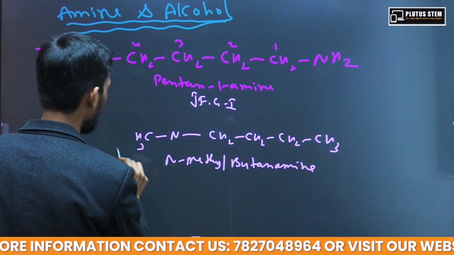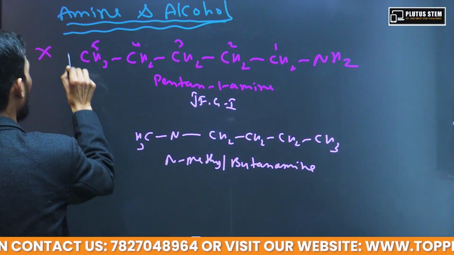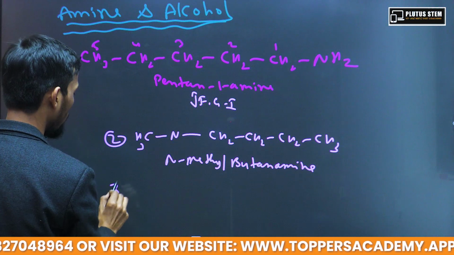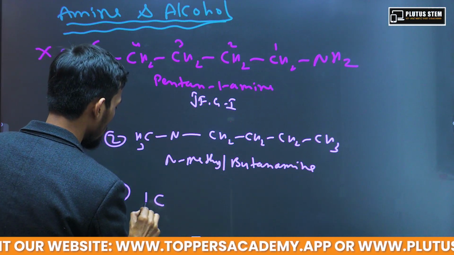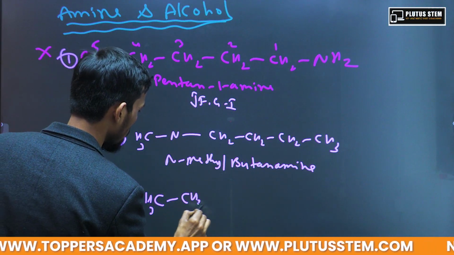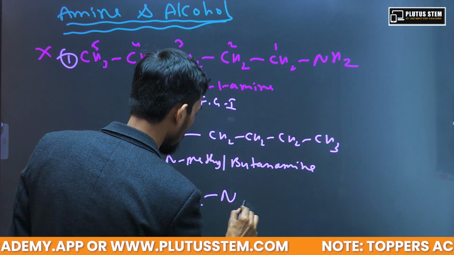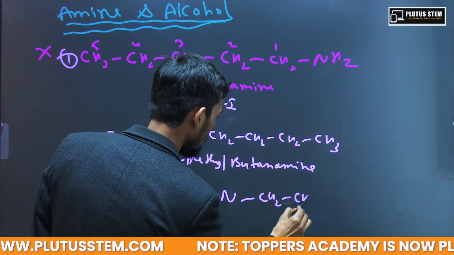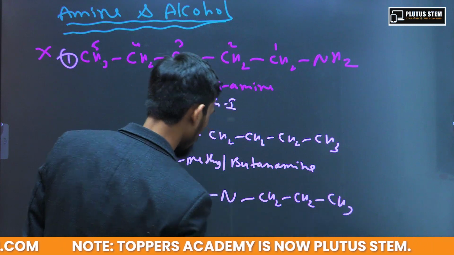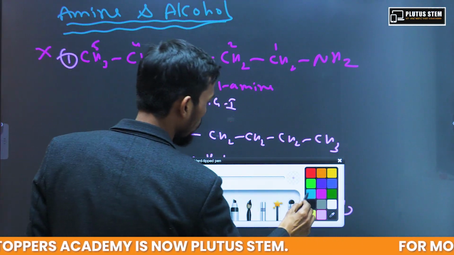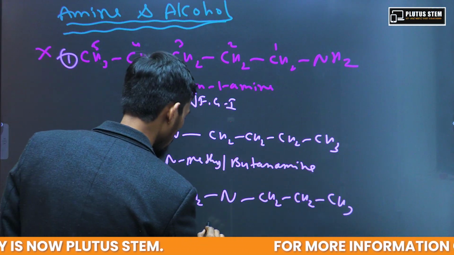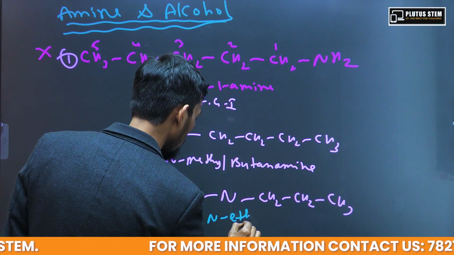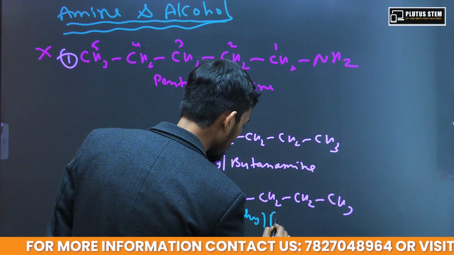And another isomer which can be drawn from this, the third one, will be CH3, CH2, NH, CH2, CH2, CH3. The name of this compound will be N-ethylpropanamine.